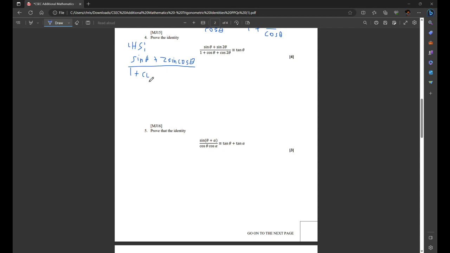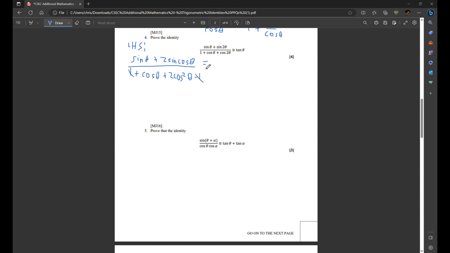So I'm going to rewrite this: 1 minus cos squared theta plus 2 cos squared theta minus 1, which is the same as cos 2 theta. So as I was saying before, I can get rid of this 1 with this -1.